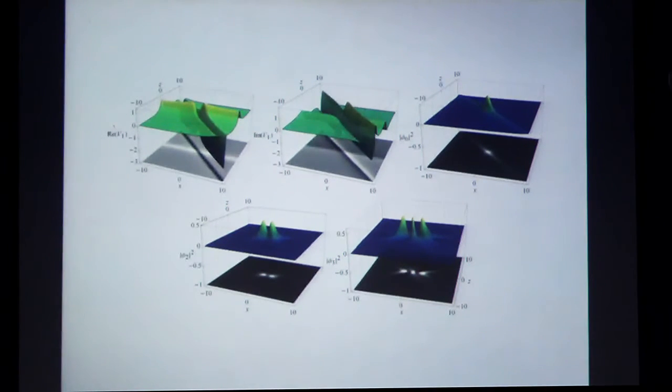So the scale is not the same. So this is one of my solutions. Here I have another solution with a higher energy, or expectation value of the energy, and over here I have another solution with higher energy.